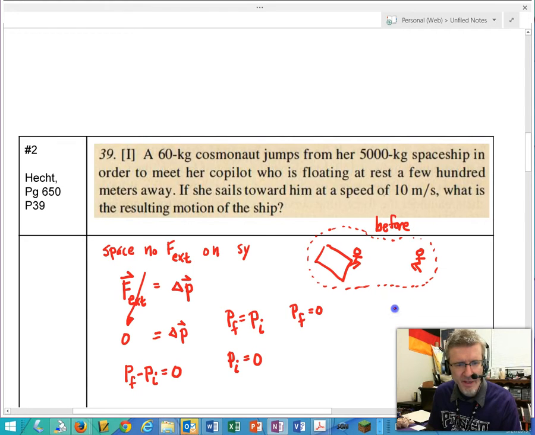The after picture has the cosmonaut moving towards their comrade, and the spaceship moving the other way. Then we know that the 60 kilogram cosmonaut moving at 10 meters per second must equal the 5,000 kilogram spaceship moving the opposite direction at what speed?